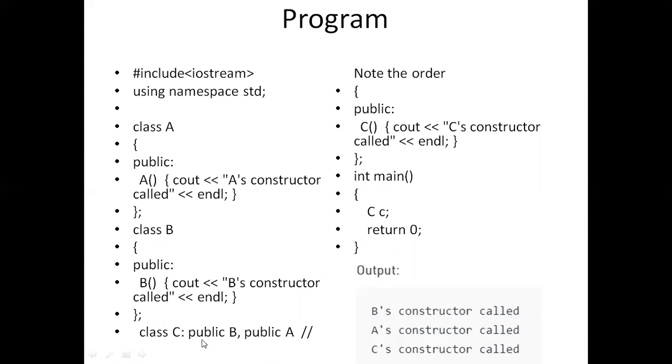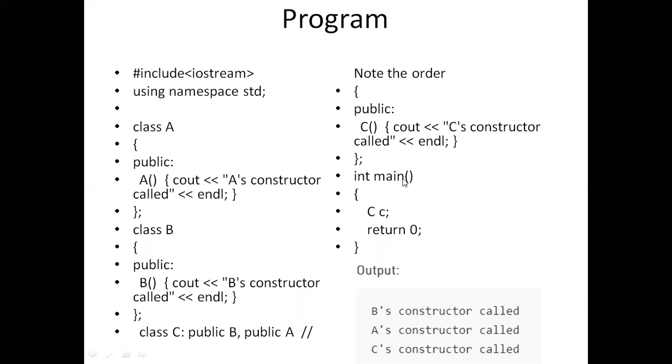If we change the order, then the working of the program will differ. Now the curly bracket starts and public, and here we write the constructor of C, cout "C's constructor called", endl.